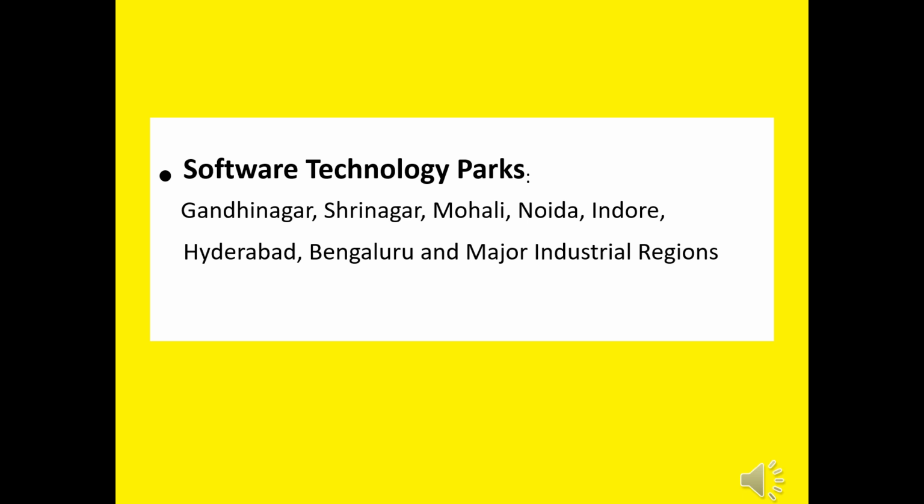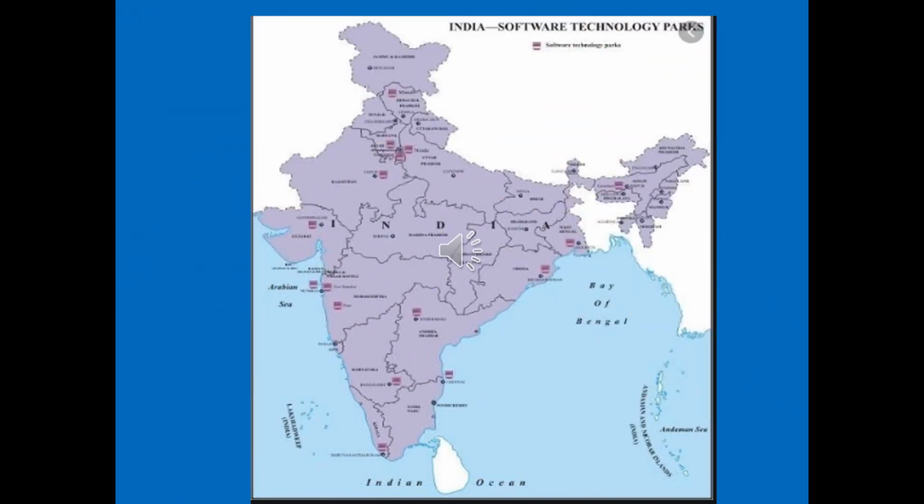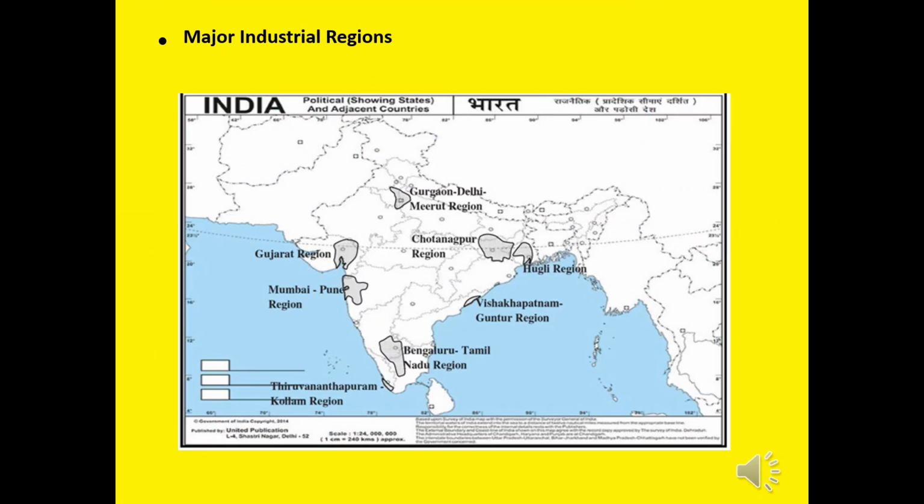Remember children, all the software technology parks are in the capitals of the respective states. The location of these places are as follows. Now you can see the major industrial regions in the map of India.